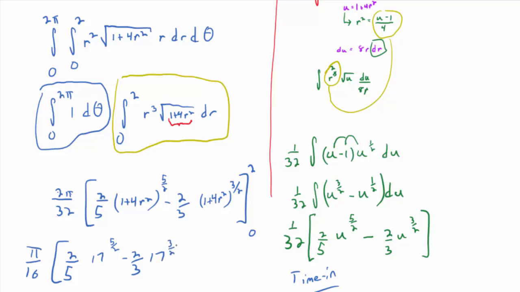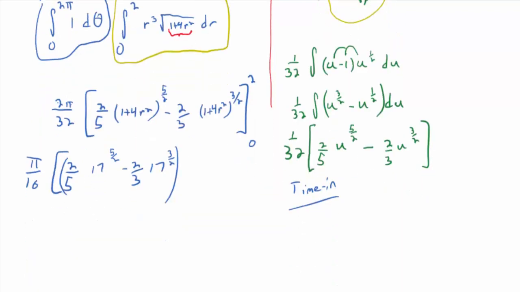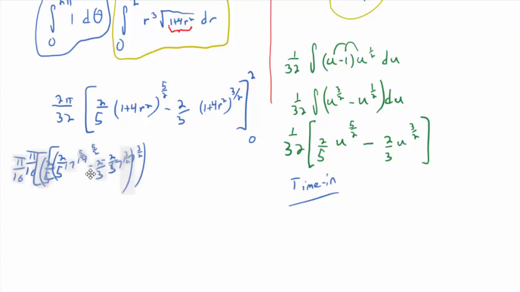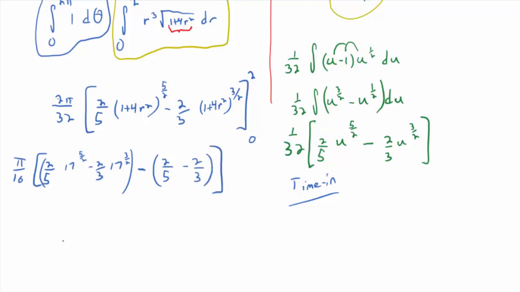And then what happens when we plug in 0? So this is not pretty at all. Let's see if I can shrink it down a little bit. And when I plug in 0, it's not going to go away, is it? So minus 2/5, just 2/5, right? Minus 2/3 when I plug in 0. All right, so what's the best way to write this? What's 2/5 minus 2/3?